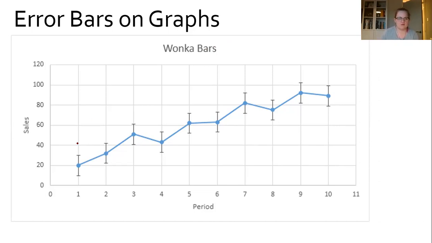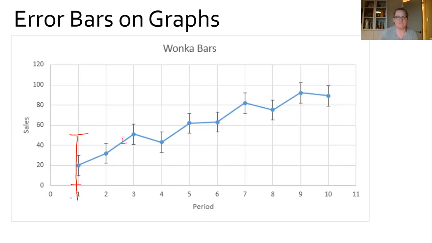For example, if we had an error bar on this one that was here to there, and then we had an error bar here, this size, the size of the error bar that you can see is proportional to the size of the error.